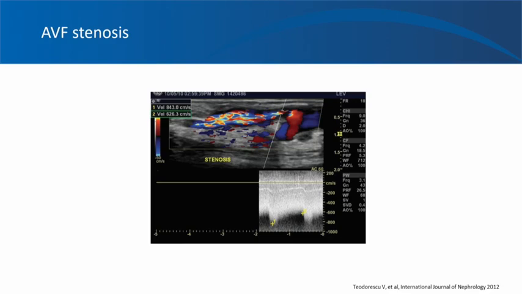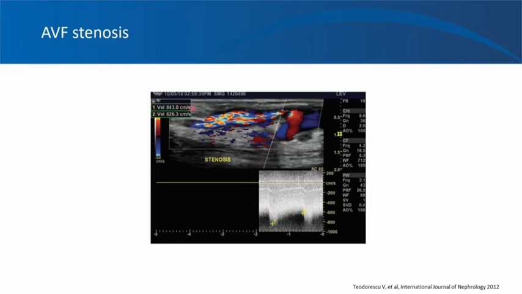And in this example, a high-grade stenosis is noted just distal to the takeoff of a branch here, where elevation in both peak systolic velocity and end diastolic velocities is found. So here, just after the anastomosis, you are measuring the velocities, and they are so high.